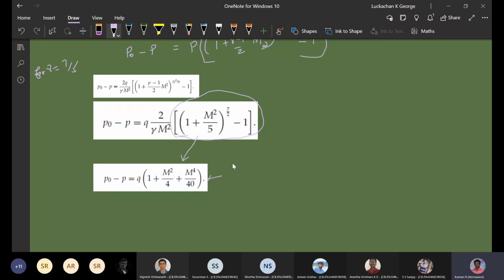Now you see this equation, if your M is close to 0 or 0.3, what will happen?